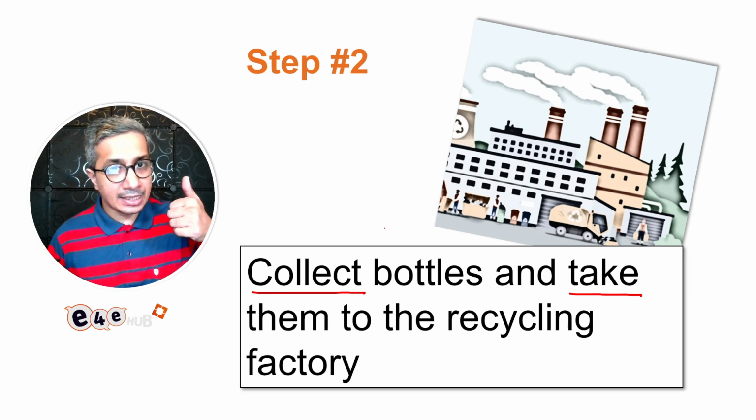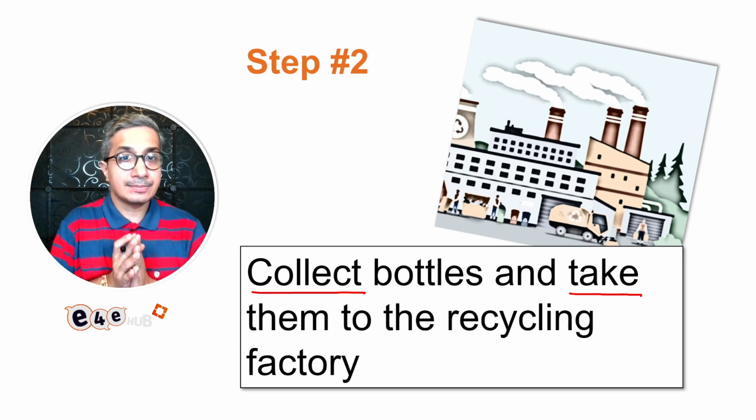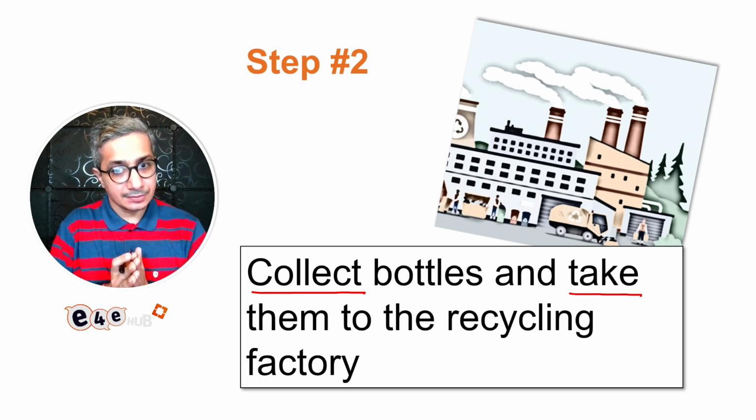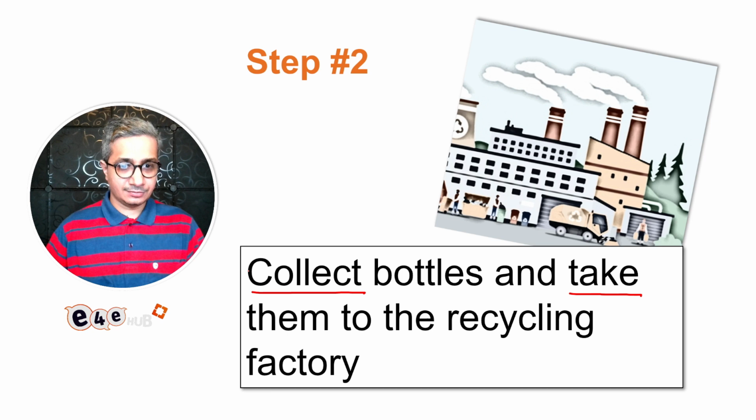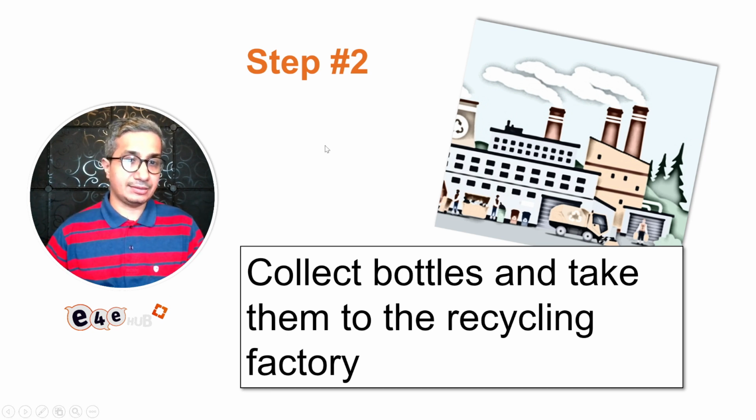What was step 1? Plastic bottles are put in the recycling bins. Bottles are then collected and taken to the recycling factory. Are collected and taken to the recycling factory. That is step 2.